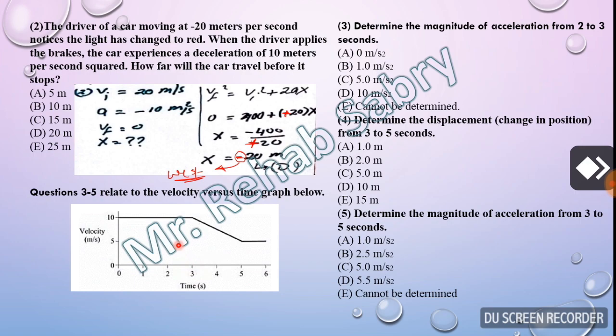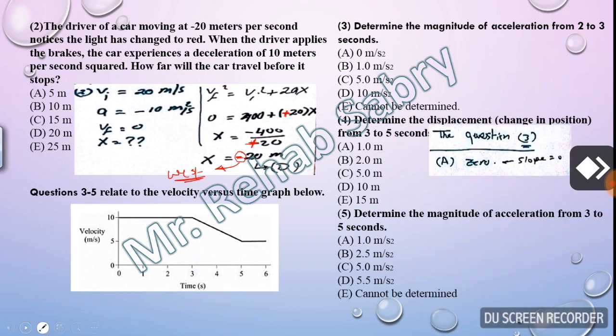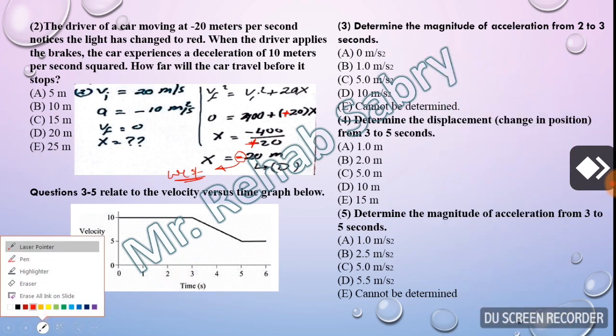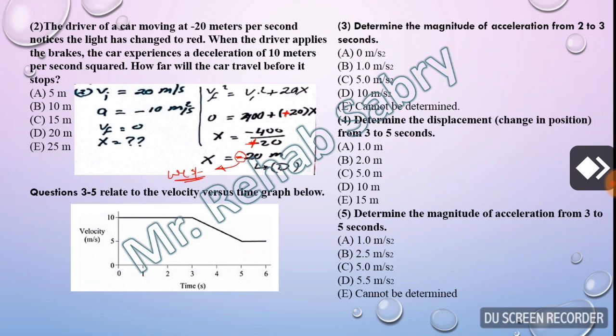Before answering, we have to ask ourselves, what is the slope of this graph? The slope is delta y divided by delta x. Delta y means delta velocity, divided by delta x, which means delta time. So this is the acceleration.